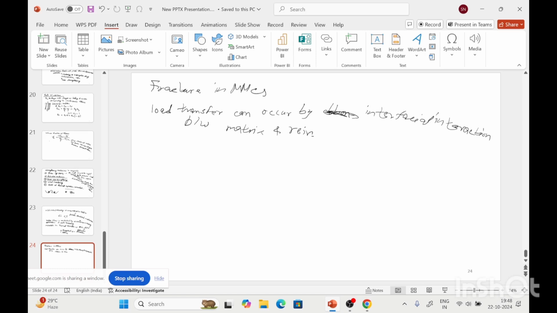And the load can be released by debonding, meaning during the deformation process the crack propagation can be stopped due to the debonding of the reinforcement and the matrix.